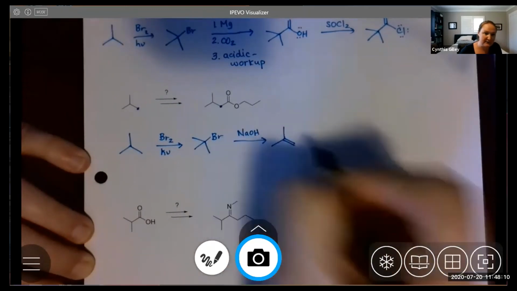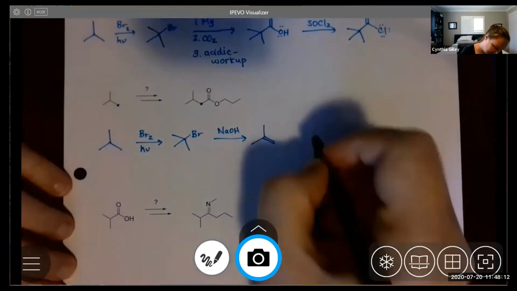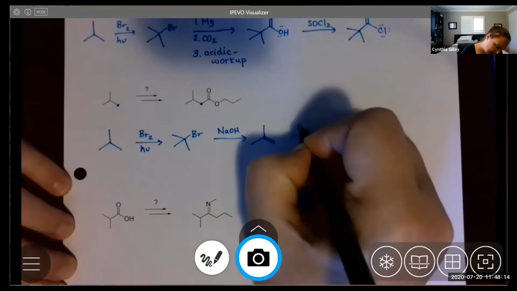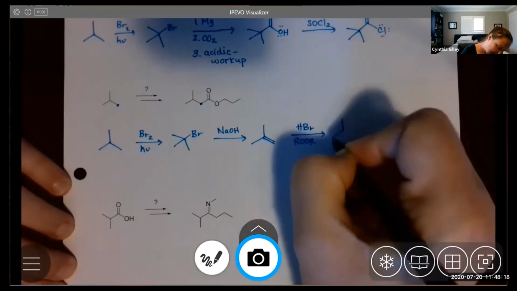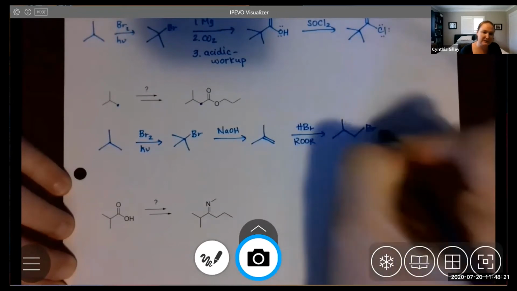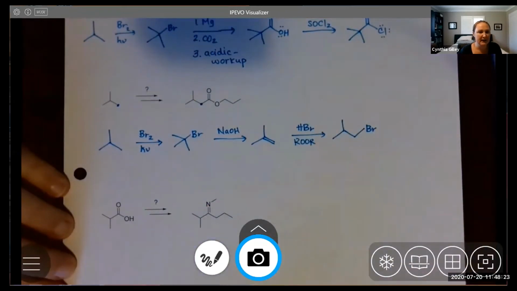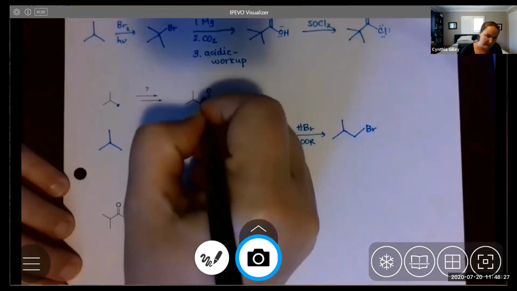I think we've done this many times in different synthesis problems. And then an anti-Markovnikov addition of HBr, and that allows us to have the bromine at the less substituted position. Now we can do a Grignard reaction to form this new carbon-carbon bond.